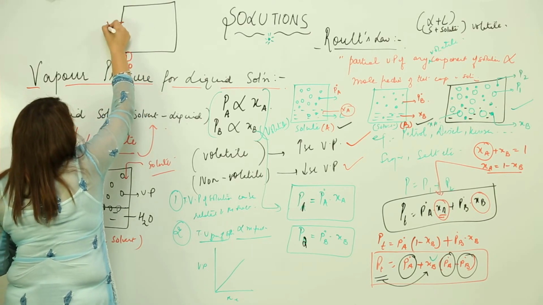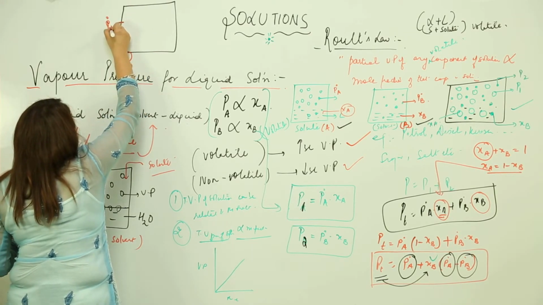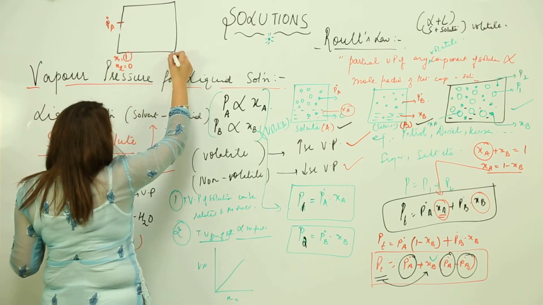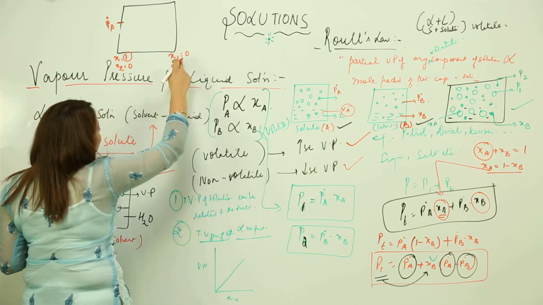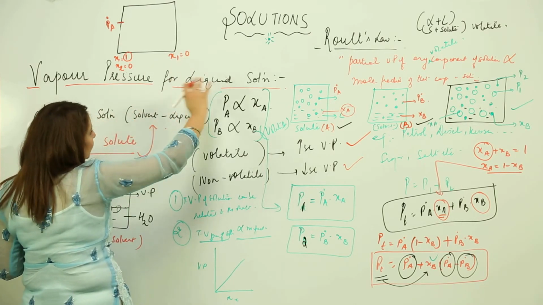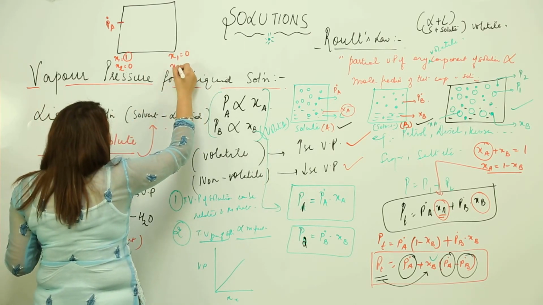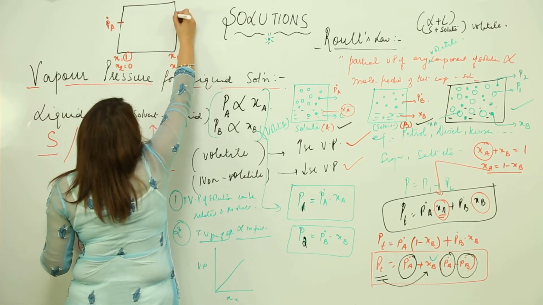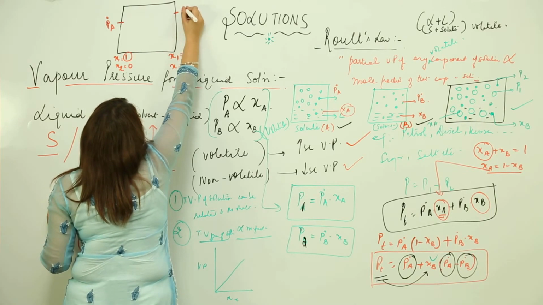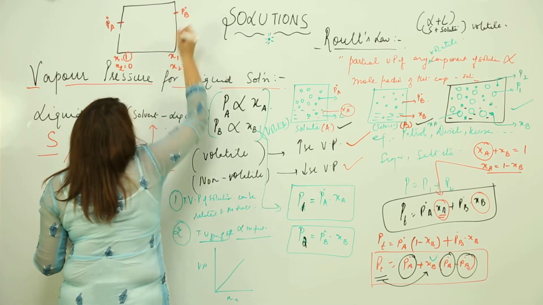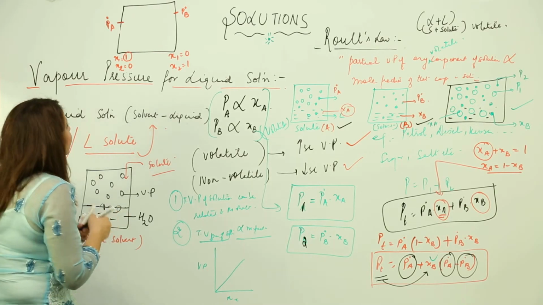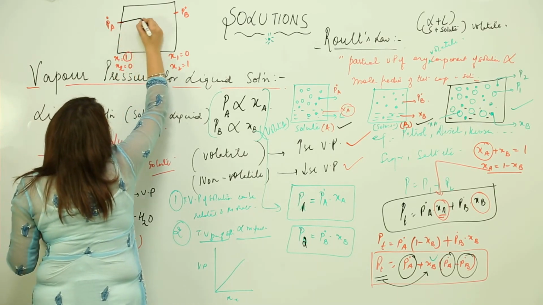So let us say that the partial vapor pressure is P naught A for x1. Now similarly, consider x1 as 0, that means this is not present, or it is non-volatile, then x2 is present and its mole fraction is 1. So obviously the partial pressure is going to be due to this, let us say it is P naught B. So this is how it varies.